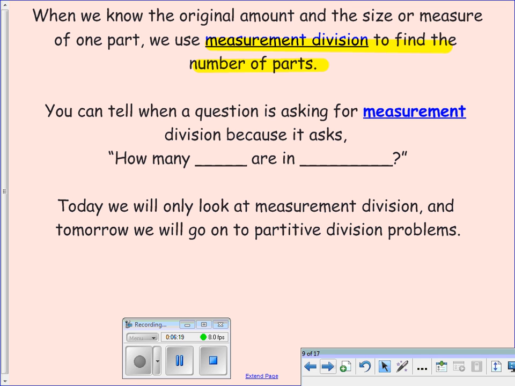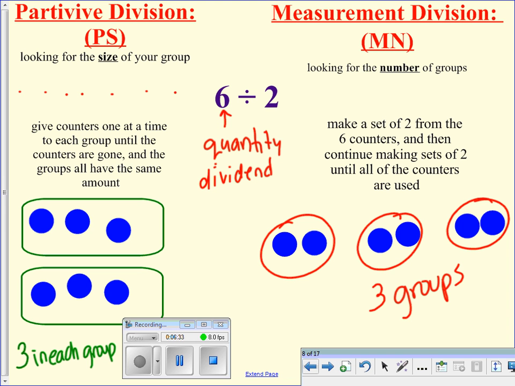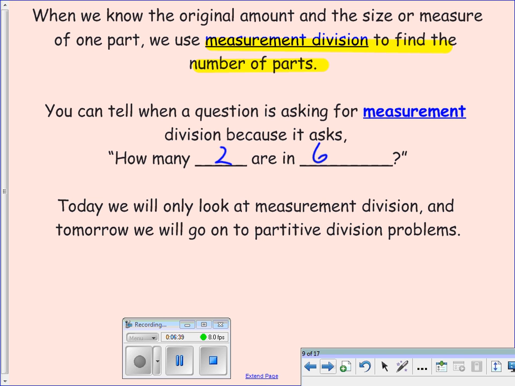So you can tell when a question is asking for measurement division because it asks how many blanks are in blanks. So this case was how many 2s are in 6. That's what we just looked at. How many groups of 2 are in 6?